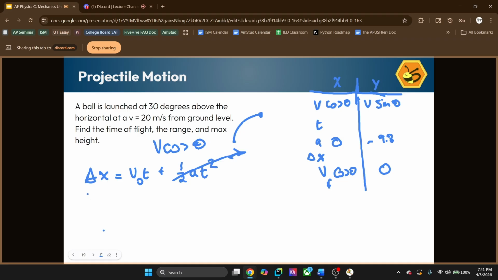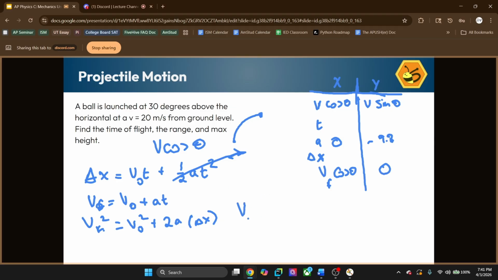First, let's list out the kinematics equations we know. Vf equals v naught plus at. Vf squared equals v naught squared plus 2a delta x. For the y-axis, Vf is 0 and v naught is v sine theta.